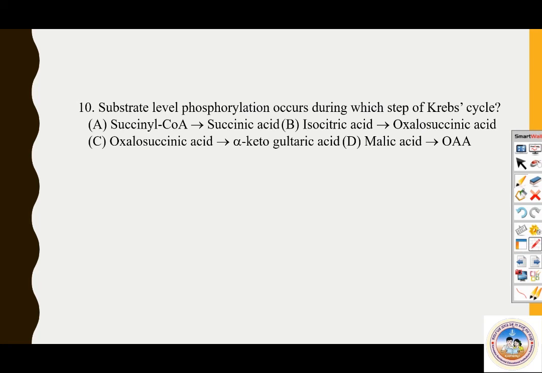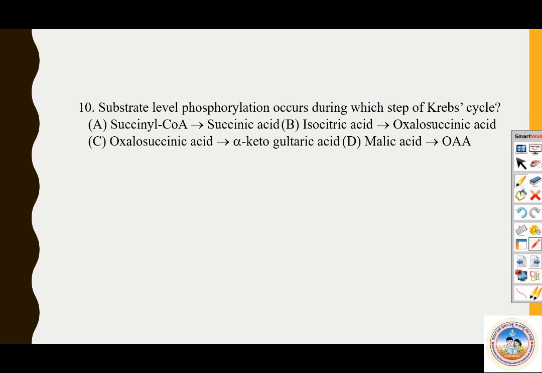And one more thing. What do you mean by substrate level phosphorylation? GDP to GTP, ADP to ATP. Is it clear? Here they ask where phosphorylation occurred in the Krebs cycle. Actually, where was it?